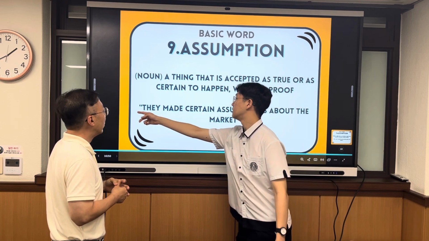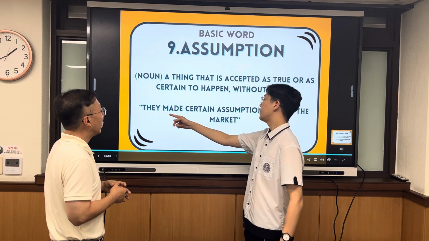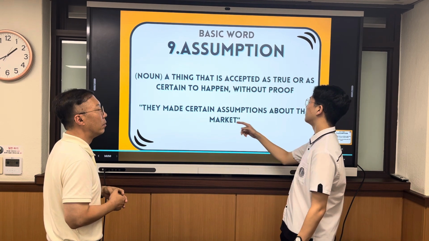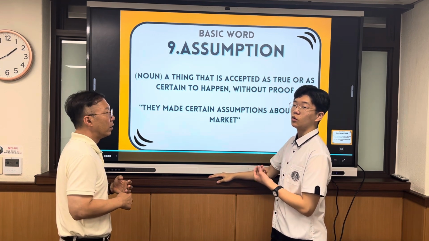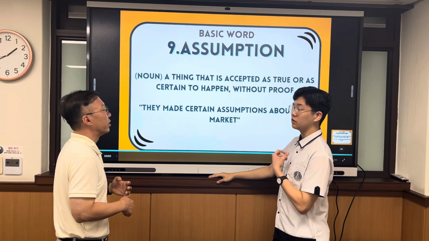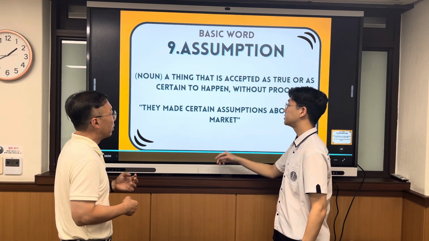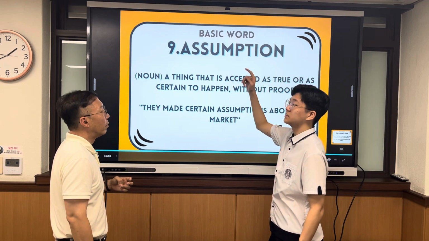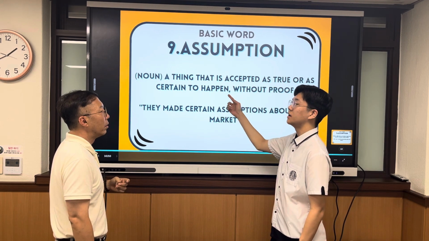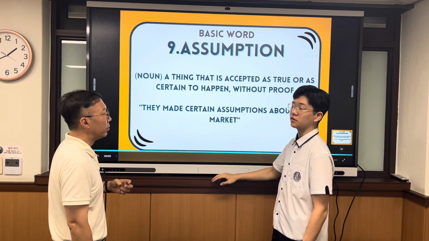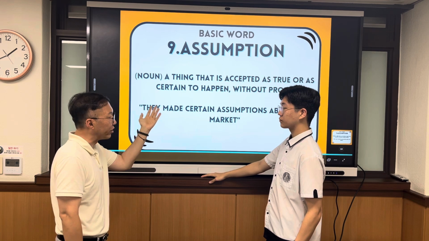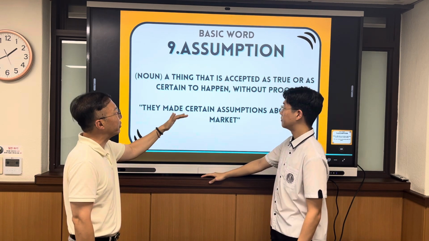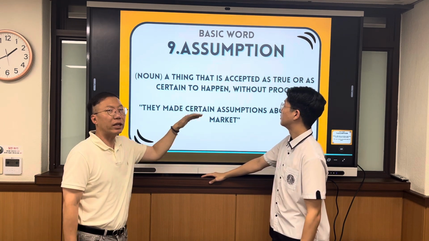So let's read this example sentence. They make certain assumptions about the market. So they have made some guesses, or some predictions about the markets. Yes, so that word has exactly the same meaning as guesses. Some people make an argument about their own assumptions, but oftentimes without any type of proof.